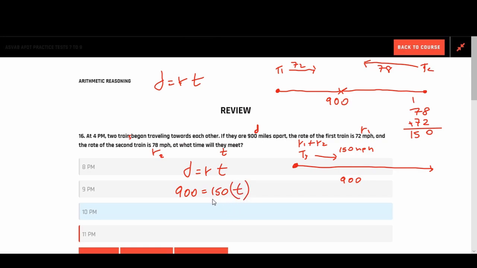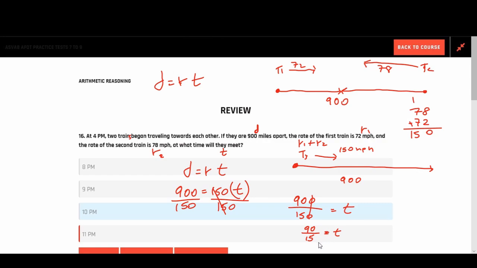So we're going to solve this by dividing both sides by 150. This crosses out. We're left with 900 over 150 equals t. Again, I do not like big numbers, so I'm going to kick off these zeros. And I'm running out of space on this one, which is why I'm kind of moving all over the place. 90 over 15 equals t.